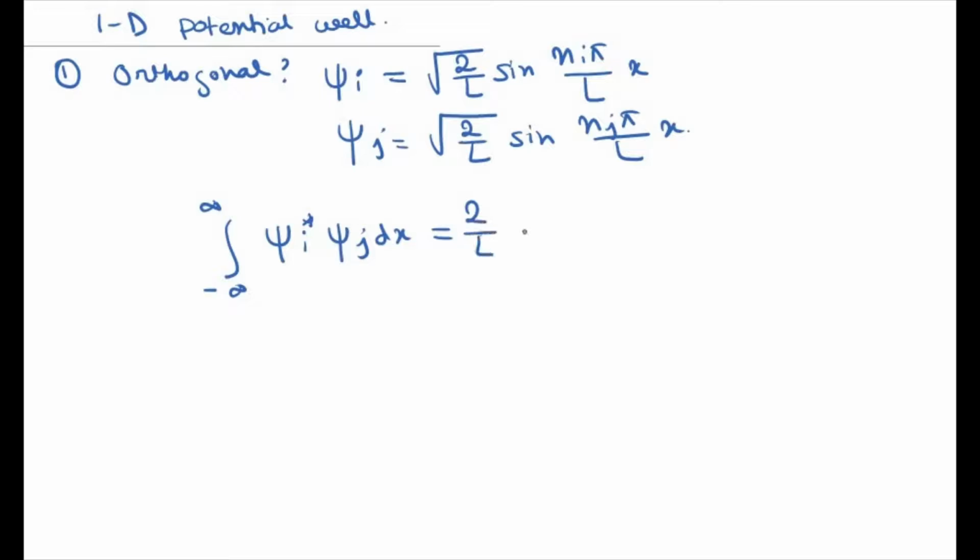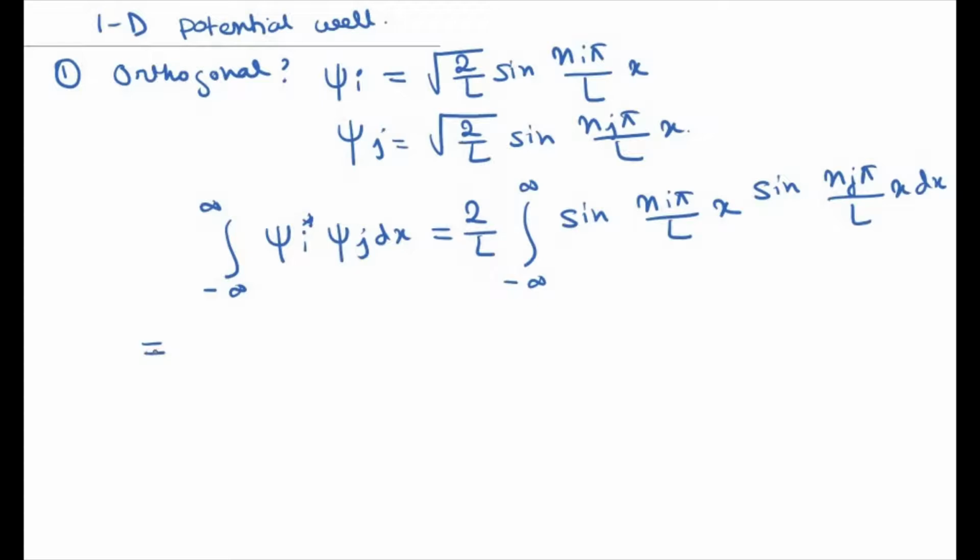So this becomes 2 by L times the integral from minus infinity to plus infinity of sine of ni pi by L x times sine of nj pi by L x dx.